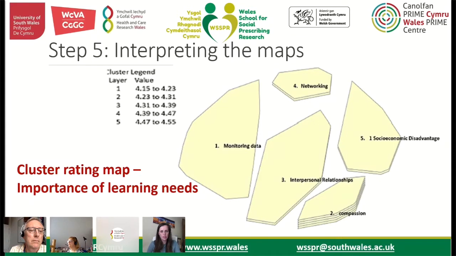So you see here with the layers, you can see there 1, 2, 3, 4, 5 layers indicates with compassion. The compassion in fact was the most important cluster for the participants. And likewise, monitoring data was the least important cluster. Next slide.